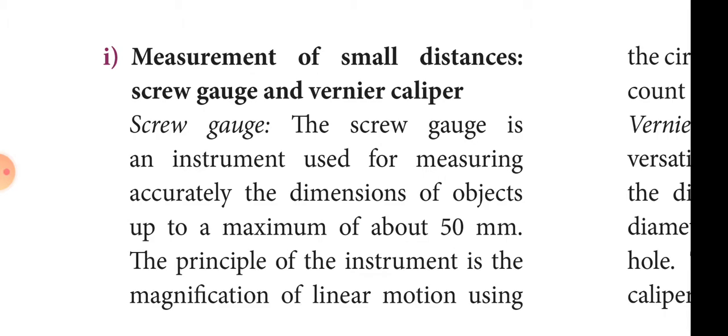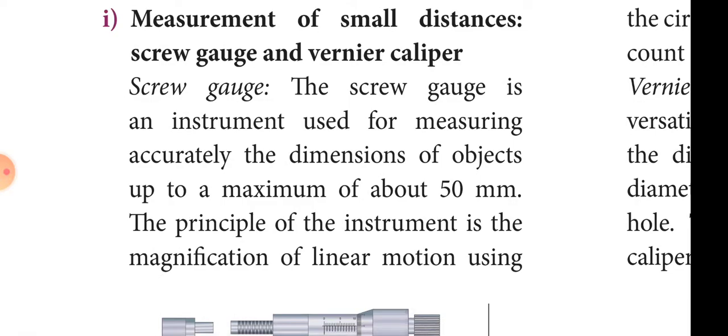Measurement of length. We can measure length by using scales. A scale can measure small distances, in millimeters and centimeters. To measure even smaller distances, we use the screw gauge.